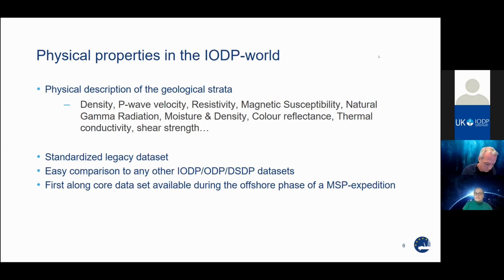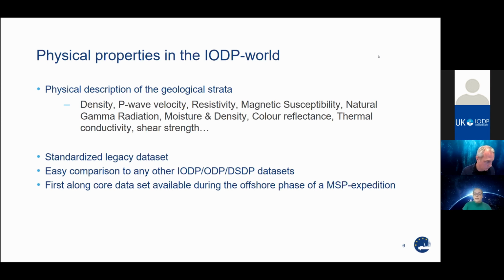It's a standardized legacy data set. So at the very beginning of DSDP, similar measurements, for example, for density, have been done. So you can look at the database and actually get density measurements, P-wave measurements from the very first beginning of IODP. And you can always compare those data sets because we make sure that they are all comparable.